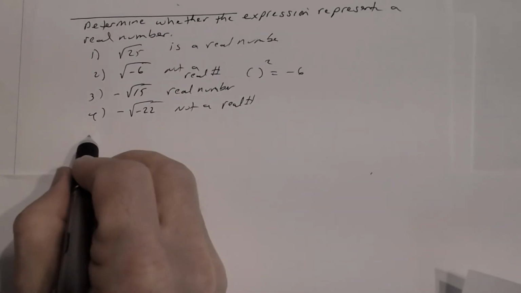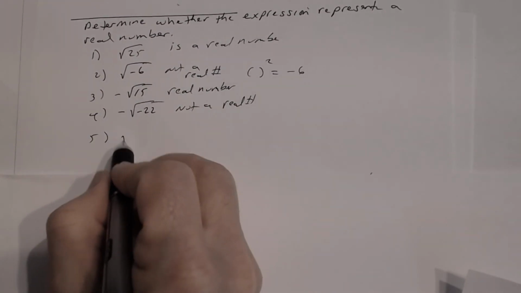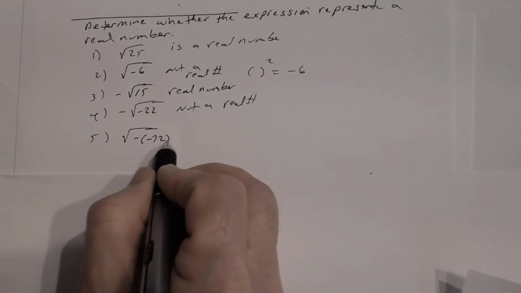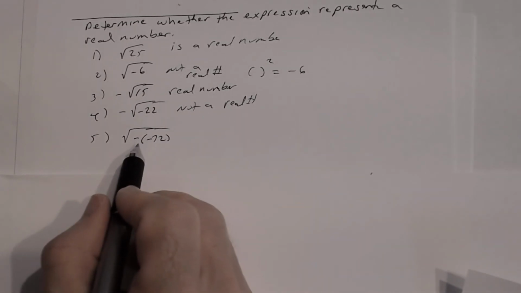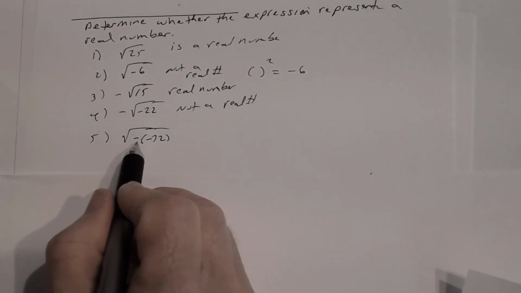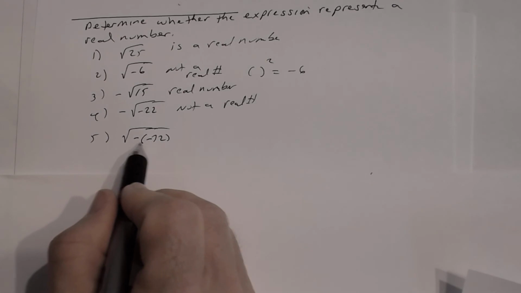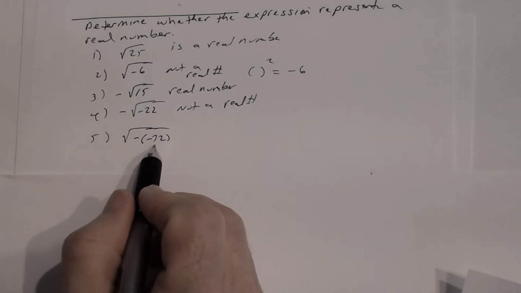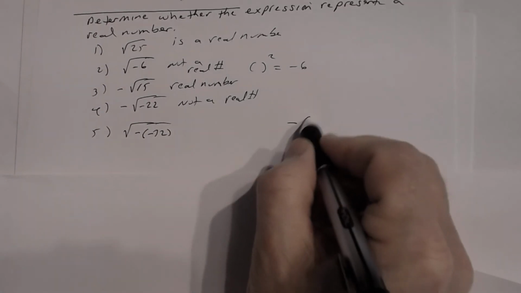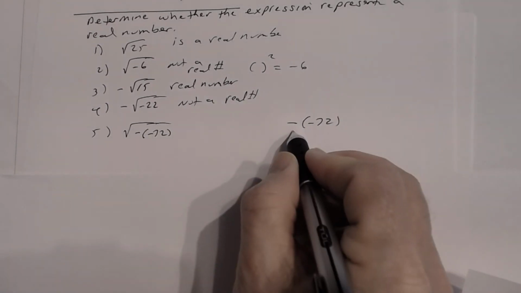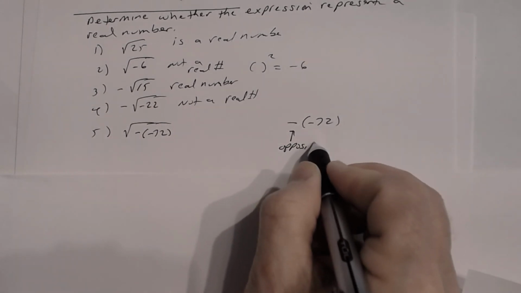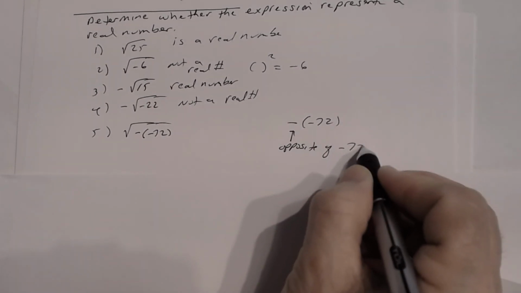And then finally, number 5, you have the square root of the negative, in parentheses, negative 72. Now you have to remember something you've learned in the past. When you have a negative and then a parentheses with a negative number, you can think of this as meaning the opposite of negative 72.